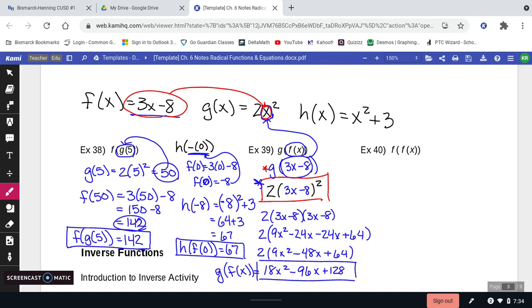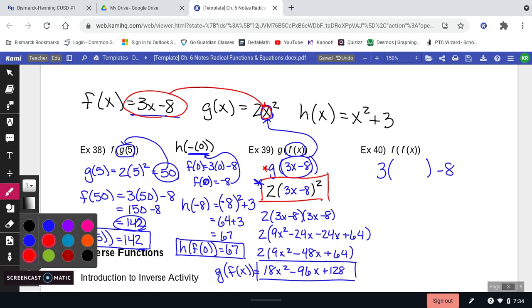Okay, so what that's going to look like is 3 times, okay, I'm putting f of x inside of itself, 3x minus 8. Okay, so the function f of x gets put into x. So now just distribute. And this is f of f of x, 9x minus 32.